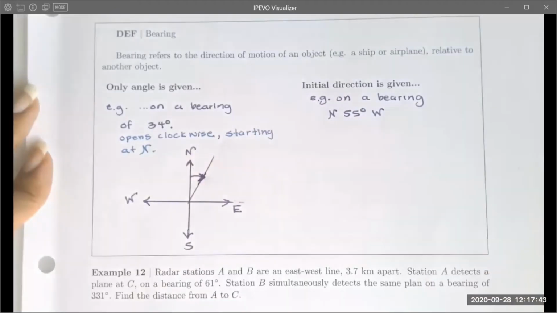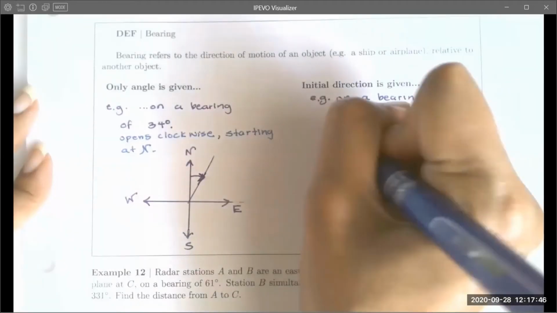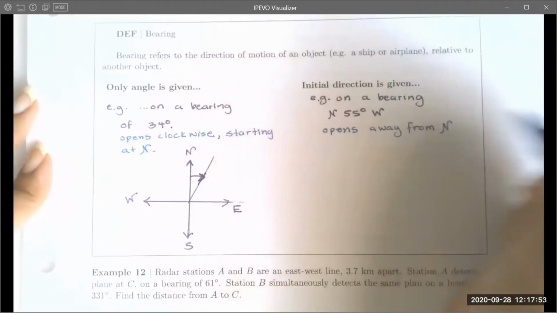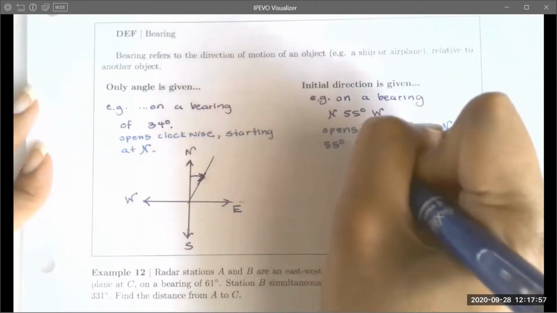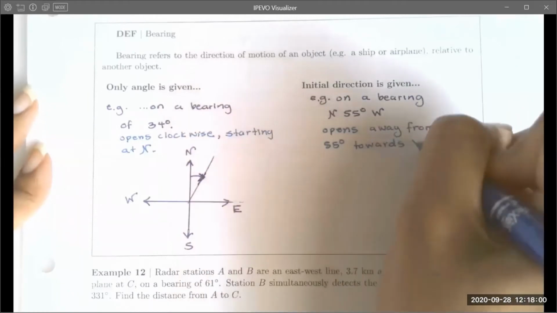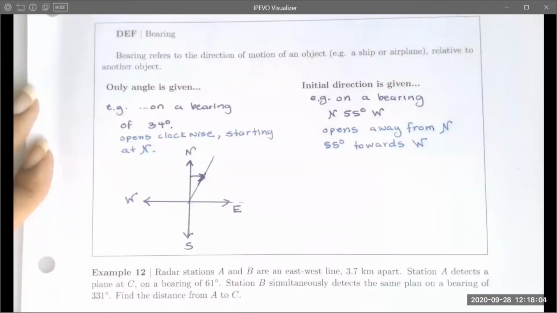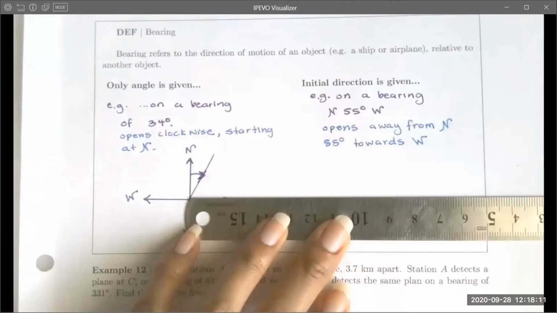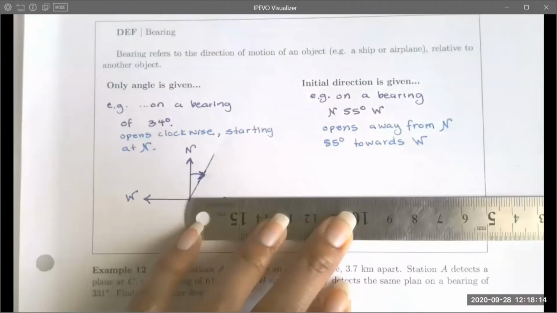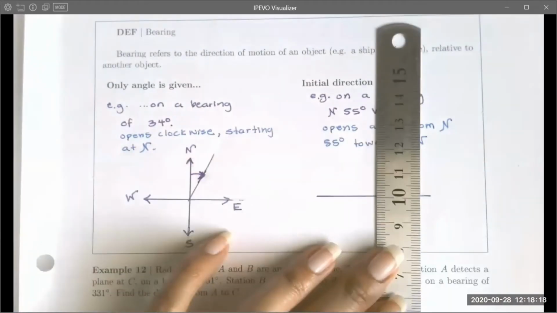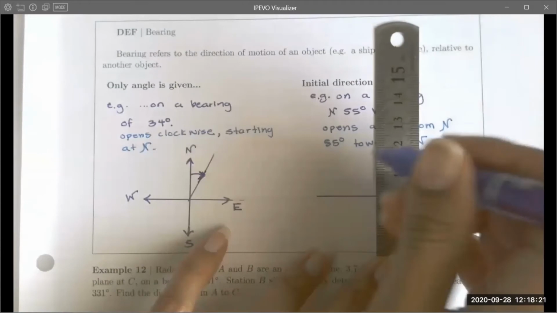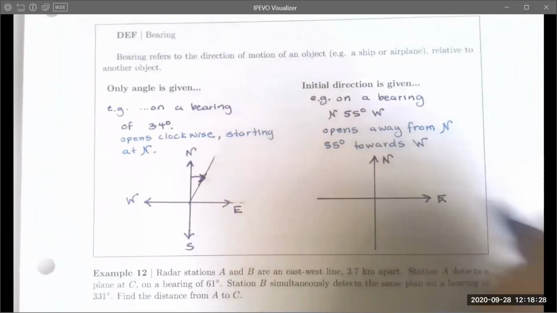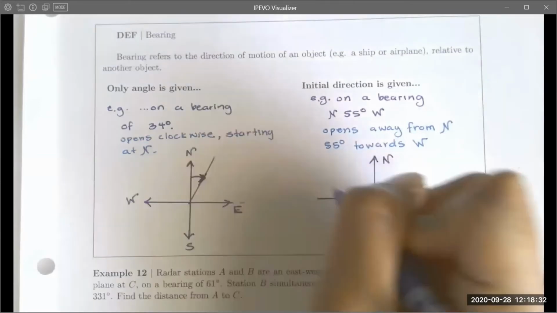So here we would say it opens away from north, 55 degrees towards west. That would look like this.